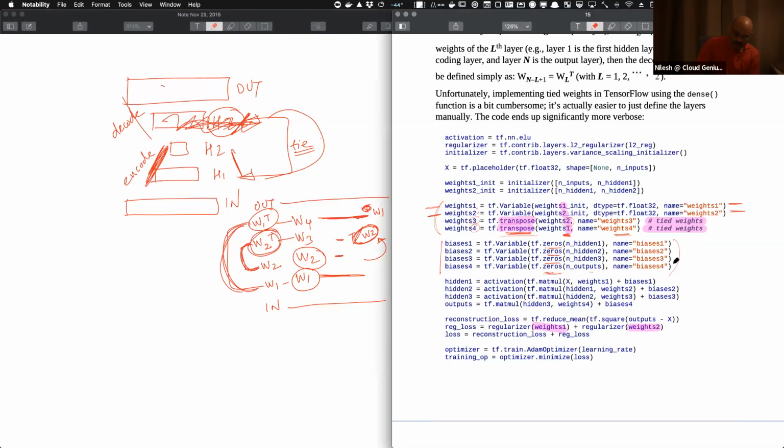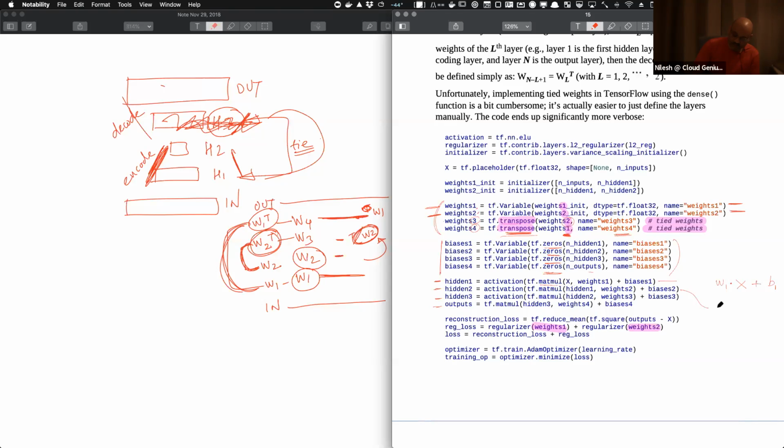And then you define your calculations for hidden 1, hidden 2, hidden 3, and output, which are basically matrix multiplication of weights and biases. So this function is basically the idea of weights 1 matrix multiplied with X plus bias number 1. This second function is the same idea.